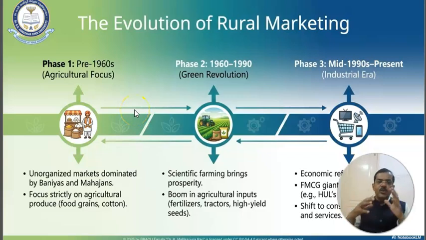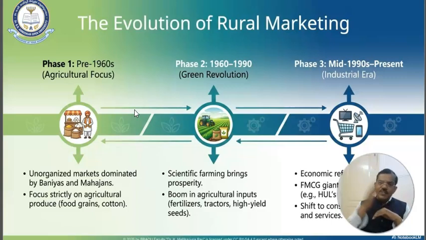And now we move to the evolution part. As we discussed, there are three phases of evolution. The first phase is pre-1960, 1947 to 1960, with an agriculture focus. The market is unorganized, dominated by landlords and Mahajans. It is focused strictly on agriculture production, food grains and cotton, very limited.